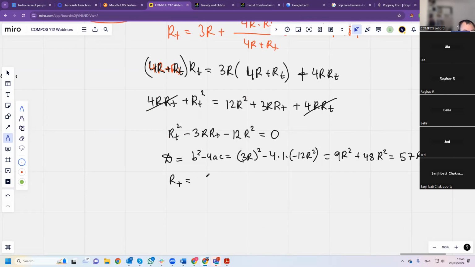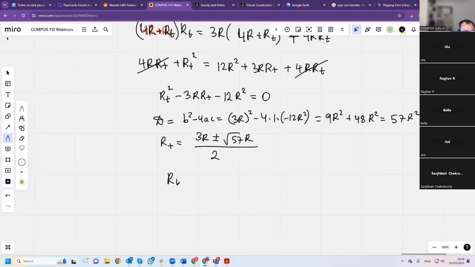So R total is 3R plus or minus the square root of 57R, divided by 2. Because of course it can't be negative, the total resistance is (3 plus root 57) over 2 R, which is approximately 3 plus root 57 divided by 2, 5.3, so roughly 5.27R. That's the answer.